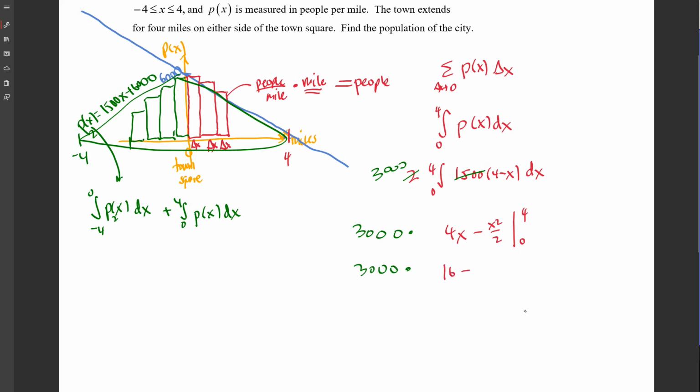That'll be 16 minus 4 squared over 2; 4 squared is 16, so that'll be 8. And then plug in the 0. That'll be 0 minus 0. Then I put a minus sign in between. And don't forget that this 3000 will be multiplied by this whole thing. So what I get is 3000 times 8, which would be 24,000 people.